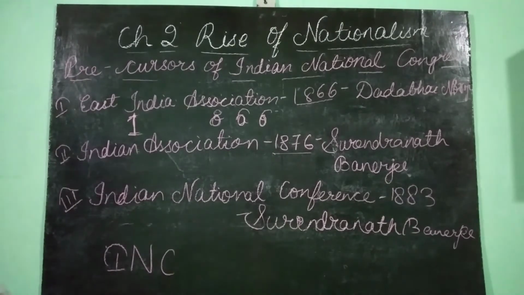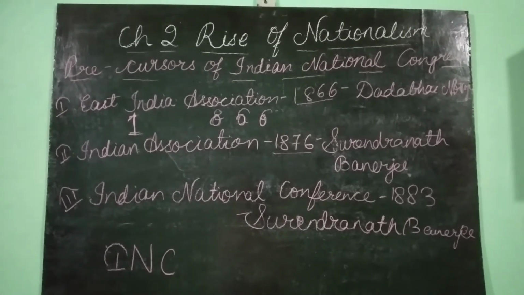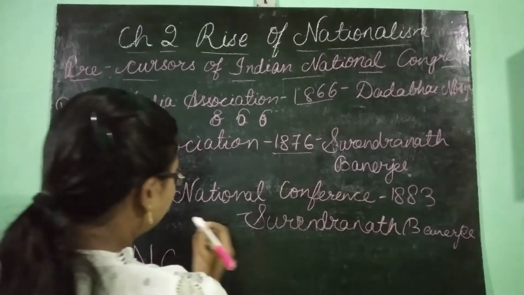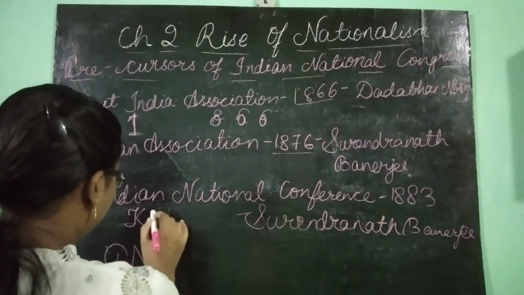It was founded by Surendranath Banerjee. Okay, now this Indian National Conference was formed in the year 1883. This national conference was held in Kolkata. Okay, in Kolkata.